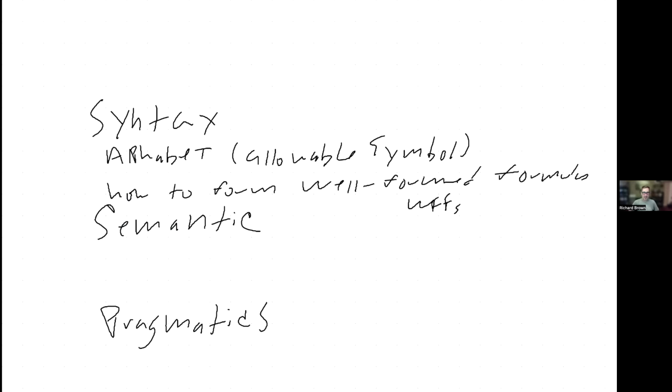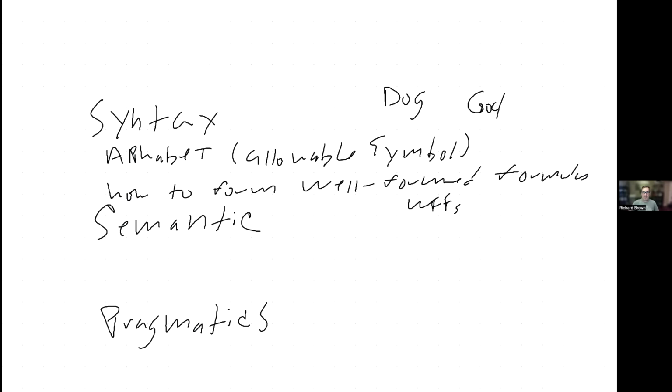So that's what they're called. So for example, in English, you can have a sentence, a word, for example, dog, which is just an arrangement of the allowable symbols. So D-O-G. You could rearrange these and form God.